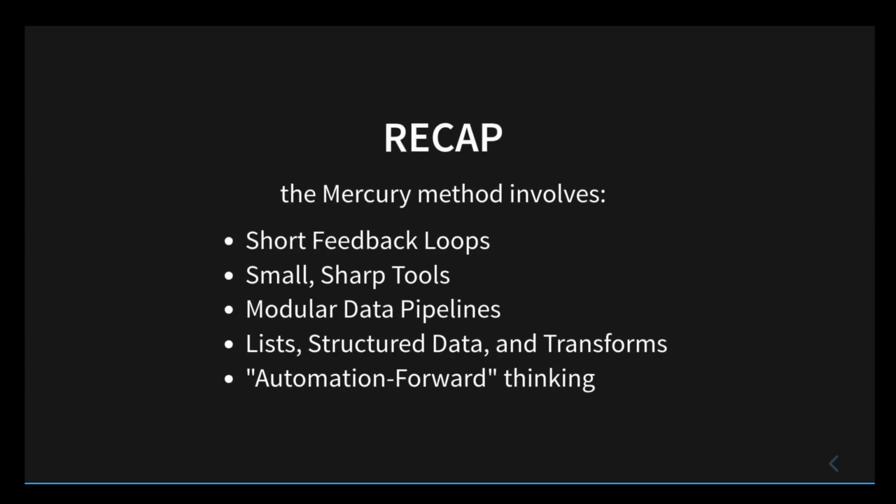So to recap, when we're talking about data engineering, that is writing data pipelines using the Mercury method, we're only talking in part about using the actual Mercury data engineering library. That's the smallest part of it. The real core, the real foundation of this method is thinking about your work in terms of short feedback loops.